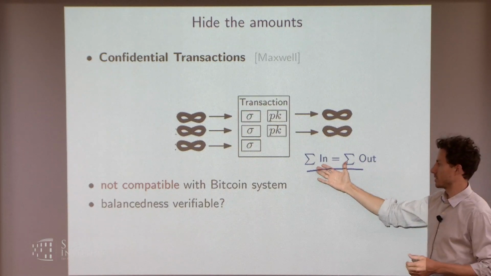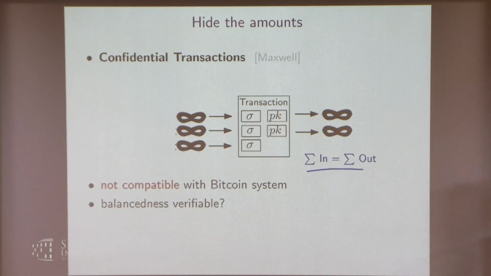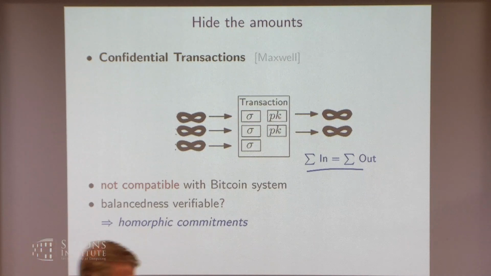You want the sum of the input values to equal the sum of the output values. And that's actually something that Dan Boneh already talked about. You can achieve this by using homomorphic commitments. Why?